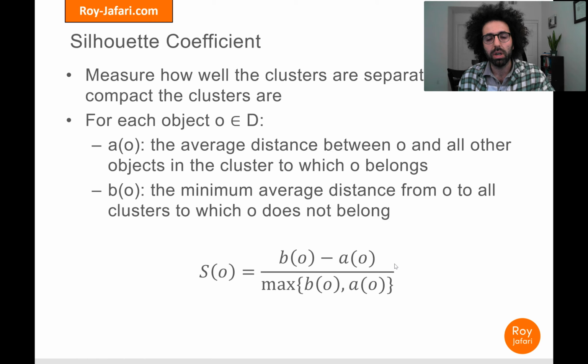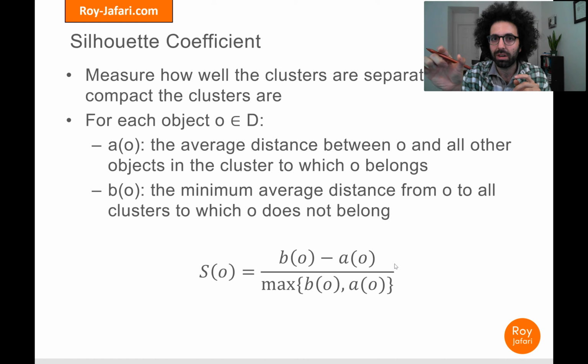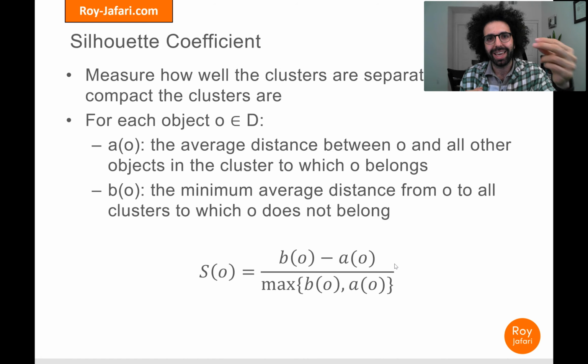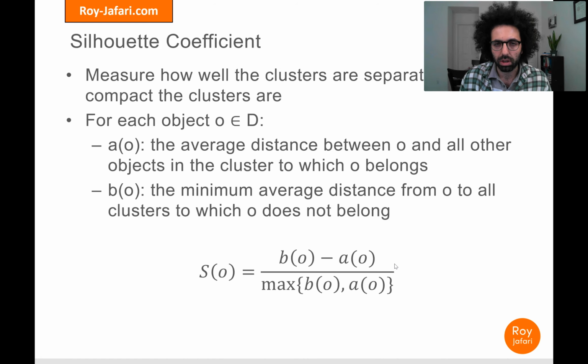Another difference between SSE and the silhouette coefficient is very important for you to understand. SSE is one number for the whole clustering. For one clustering, you come to one SSE, sum of squared errors. With the silhouette coefficient, every data object within the clustering will have this coefficient. And you have to calculate A and B for each of these data objects.